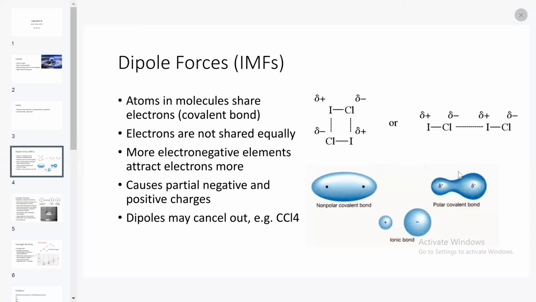When we have a moderate difference in electronegativity, then we have what's called a polar covalent bond, so our two poles. And you can see that more electrons are focused around this atom, and there are fewer electrons here, okay?